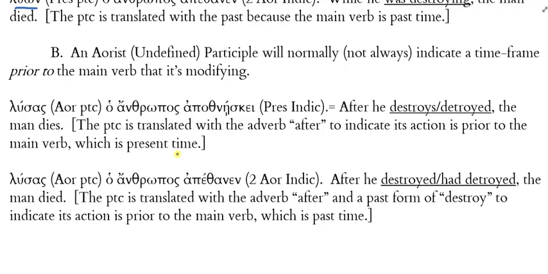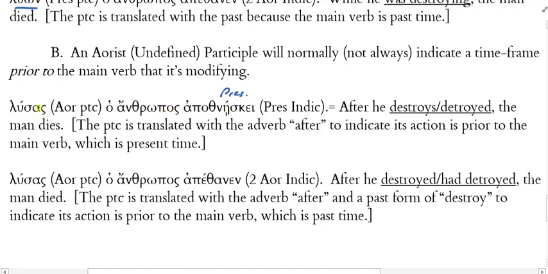It will normally, but not always, but most of the time, indicate a time frame prior to the main verb that it's modifying. So we haven't quite learned the aorist participles yet, but this is an aorist active participle, lusas, and then I have ho anthropos apathneske. That's present in time. Okay, so the man is dying.